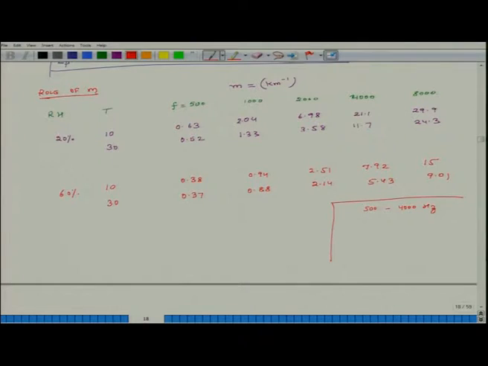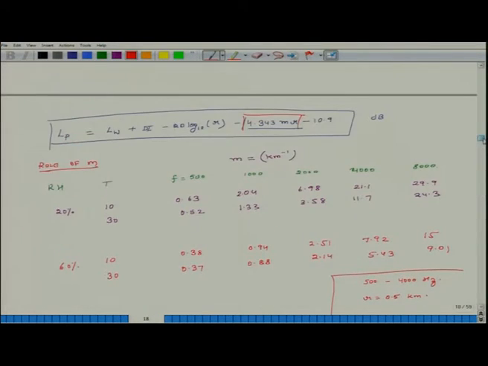Suppose the microphone is located away from the machine, let us say r equal to half a kilometer, 0.5 kilometers. Then the question is, how much sound is attenuated because of air absorption?